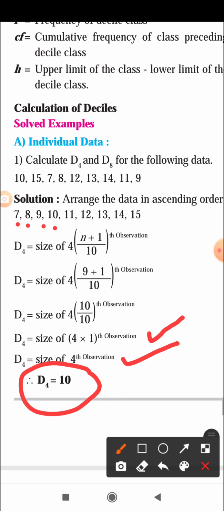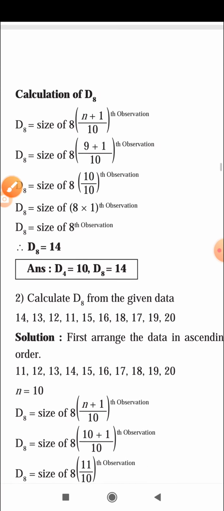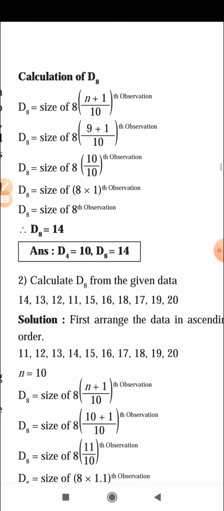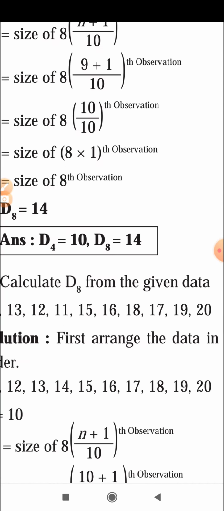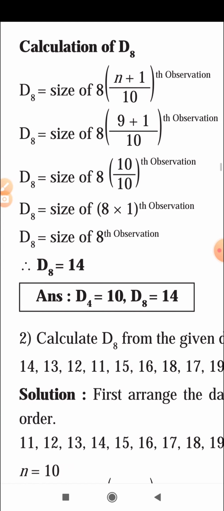Okay, next calculation of D8. D8 is equal to size of 8 into bracket n plus 1 upon 10 bracket complete observation.